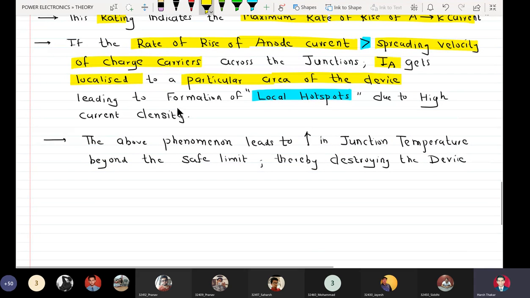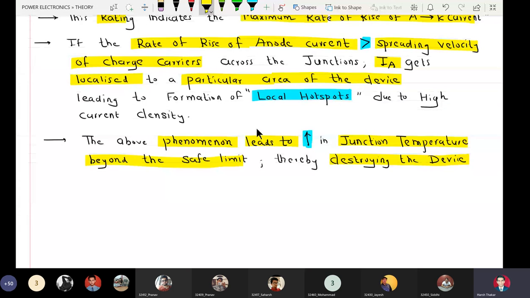Okay, so the above phenomenon leads to increase in junction temperature beyond safe limit, thereby destroying the device.